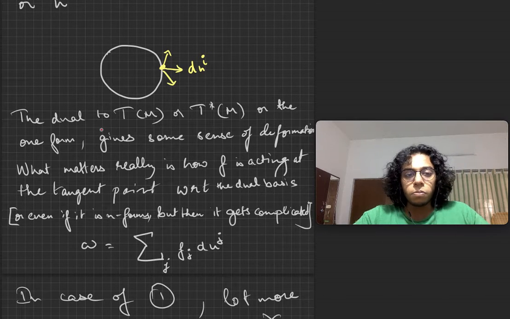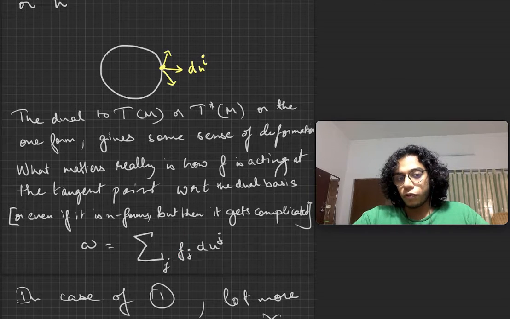So the dual to Tm, T star m, is called the one form. This is what we have defined. Ui is the one form, right? So the total one form, the one form defined at a particular point, is the summation of all the corresponding duals of the function with respect to the one form.